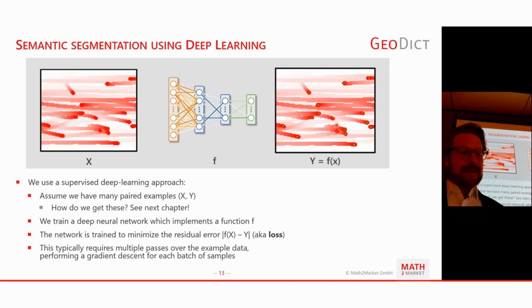Now what we do is we train a deep neural network, an image-to-image model, which takes structures of the left nature, let's call it X, as an input to the function, and produces these segmented structures with the center lines marked, Y, on the right-hand side. Clearly, this is just a function. You put an image of this kind into that function, and you obtain an image like the right one.